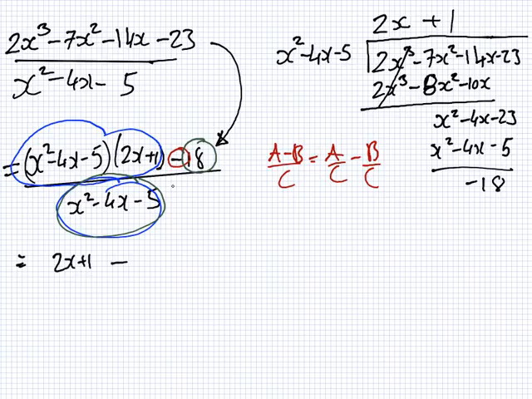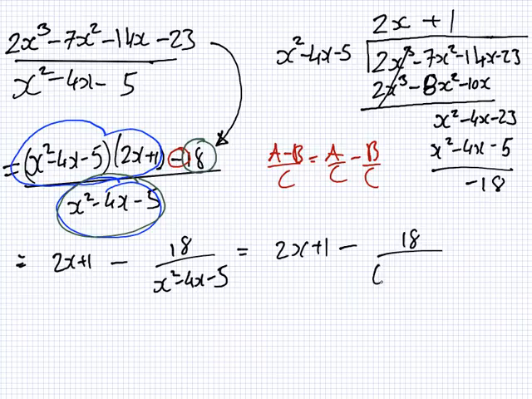And when you take these two, nothing cancels, you're left with 18 over this, which equals 2x plus 1 minus 18 over x minus 5 times x plus 1.